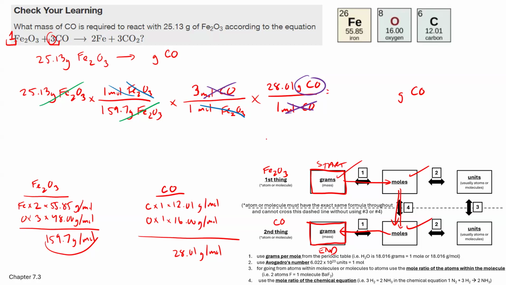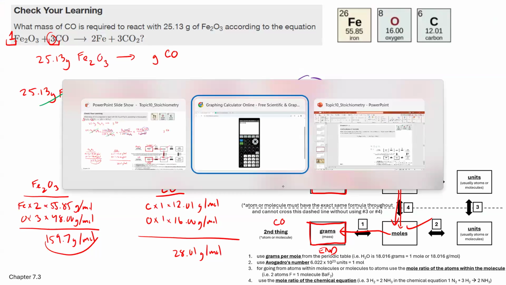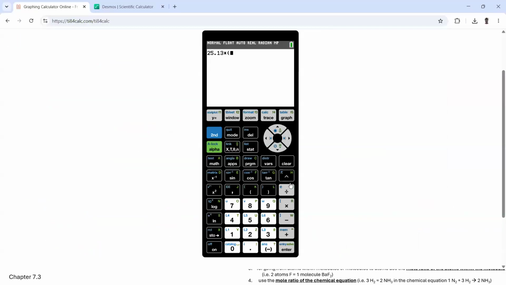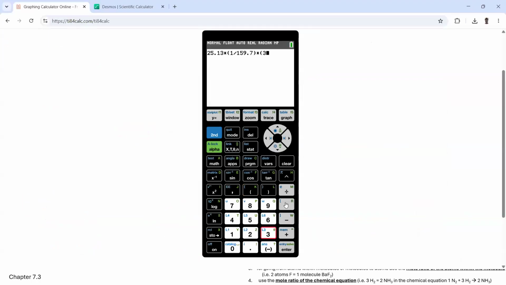We'll come back and forth because I can't remember all these numbers, so let's go for it. Clear this. We have 25.13 times, open parentheses, 1 divided by 159.7, close parentheses. Multiply by, I believe it's 3 divided by 1. Again, if you're not sure what to do with the ones, just leave them in. You don't really need them.